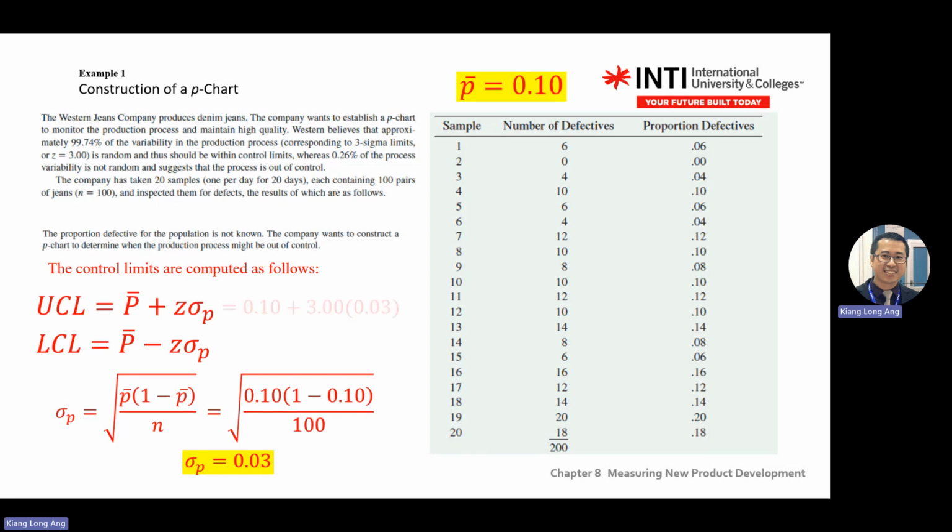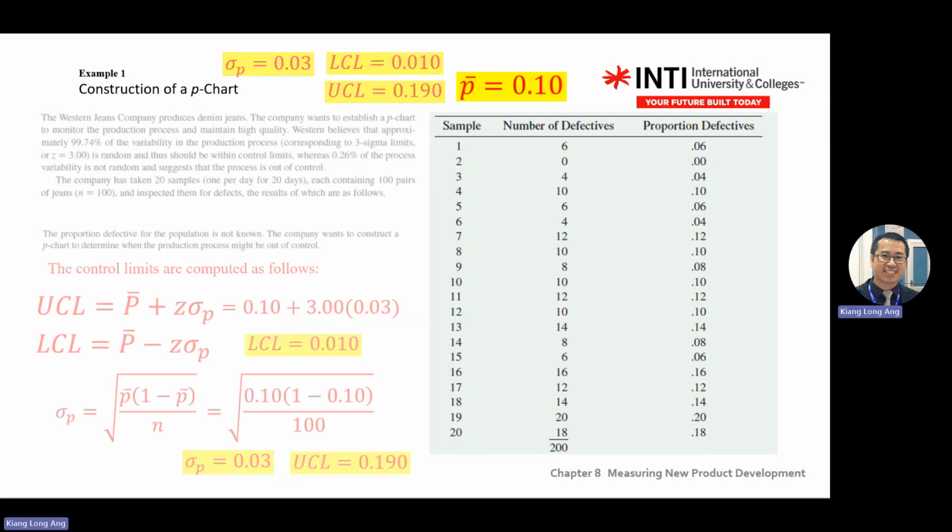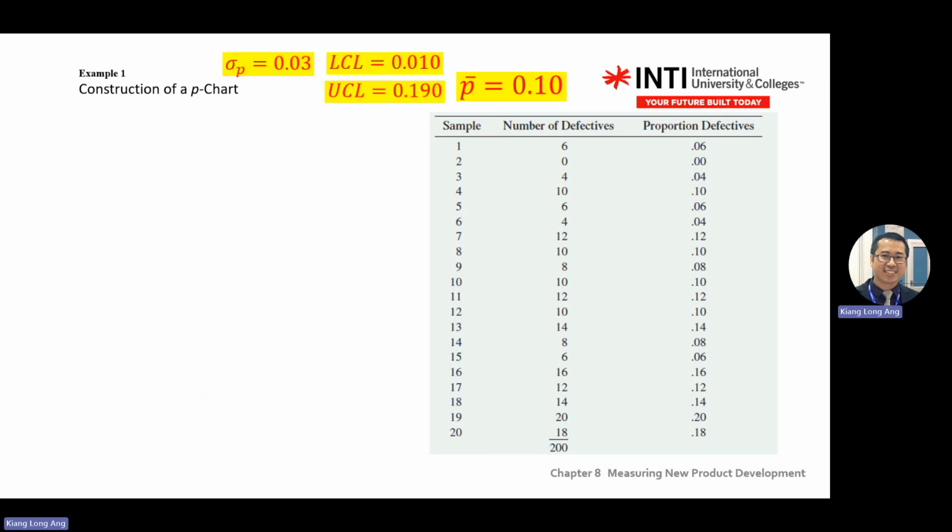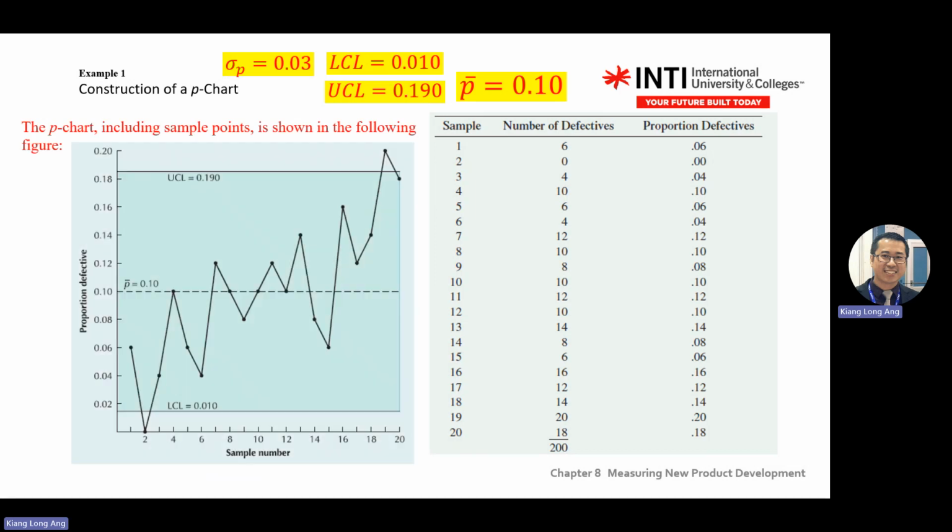How you plot the graph is the normal way. You have three values: P, UCL, and sigma. Then you construct the P chart. The y-axis is the proportion. This one is per how many samples each time?